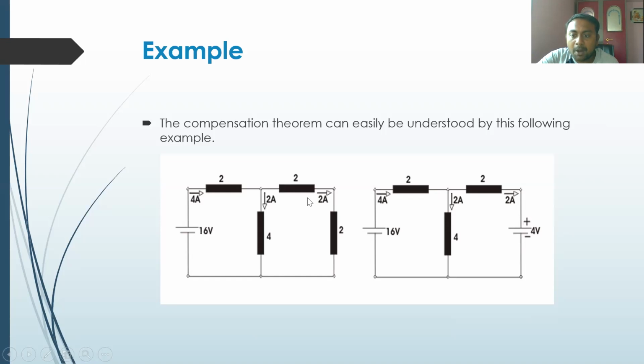If the direction is opposite, I have to place this one as negative and this one as positive. So I can replace this resistance with an equivalent voltage source, V equals IR. The current flowing through this one is 2 ampere and the resistance is 2, so V equals 2 into 2, that is 4 volts. So I can replace this with a 4-volt voltage source.